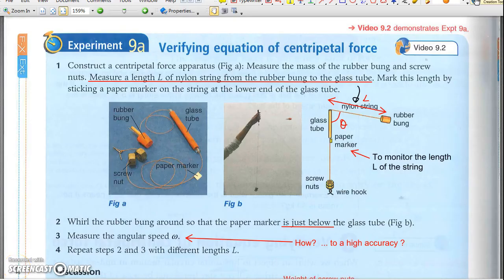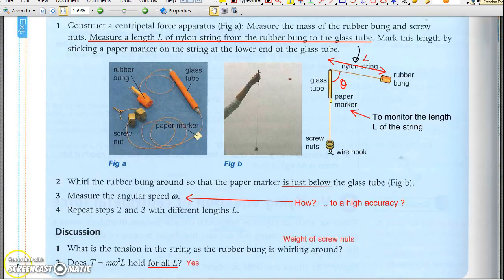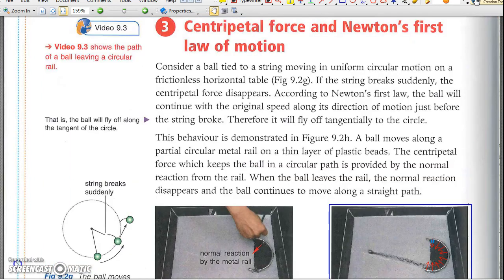As you can see in the video, the angle theta here is always changing when we roll a mass. So it is impossible to measure that angle theta during the experiment. By the way, how can we improve the accuracy of measuring the angular velocity, omega?